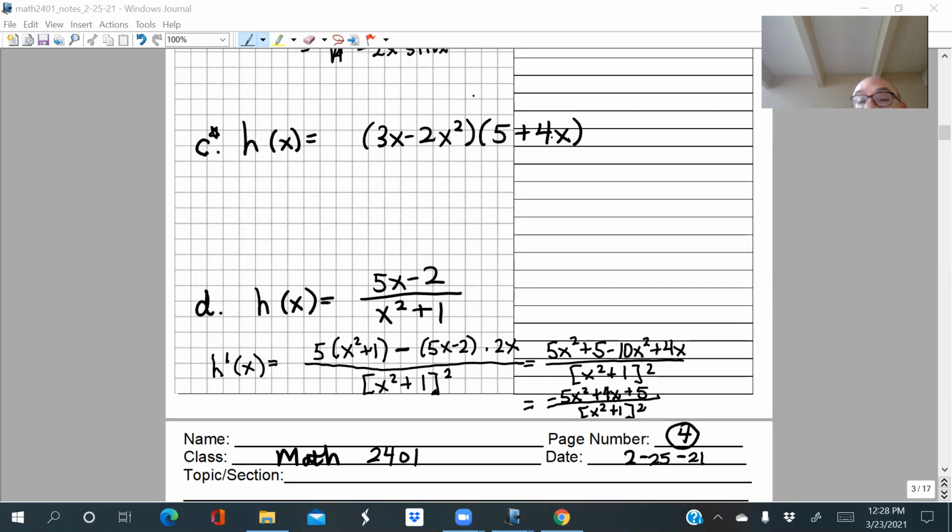So that's obviously a product of two expressions, the 3x minus 2x squared and the 5 plus 4x. See if you can find the derivative here. Obviously, you're going to use the product rule, because we're differentiating a product.